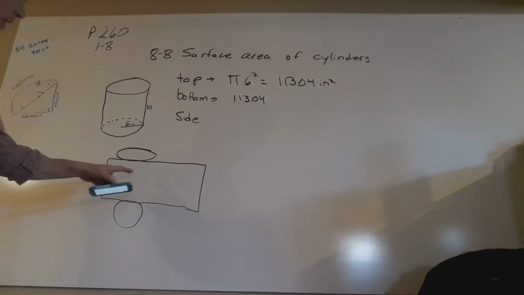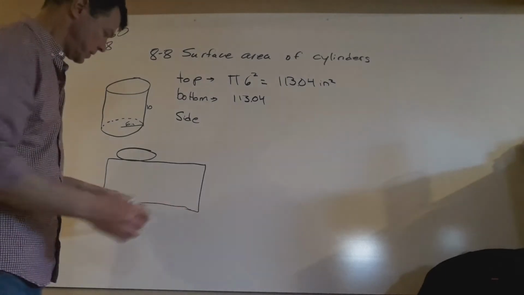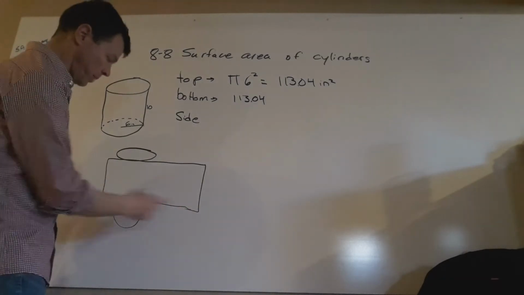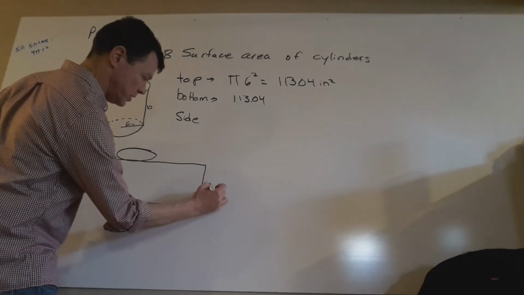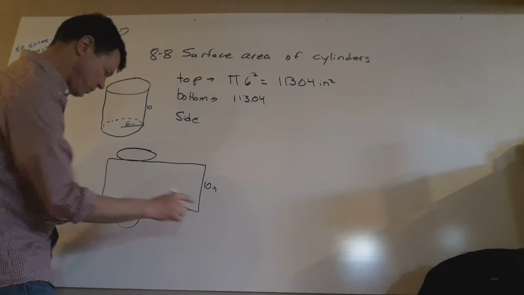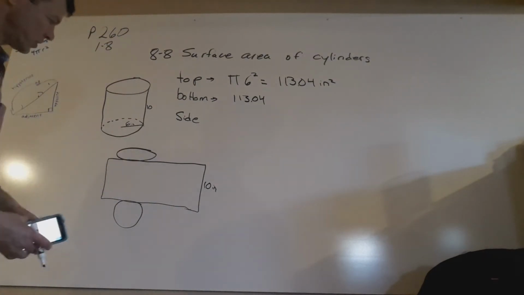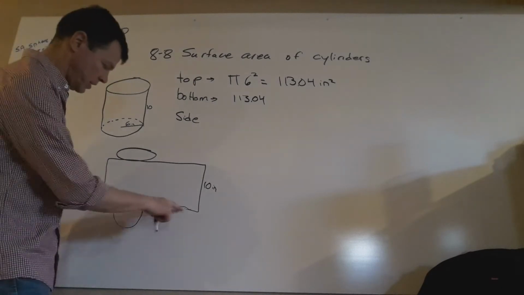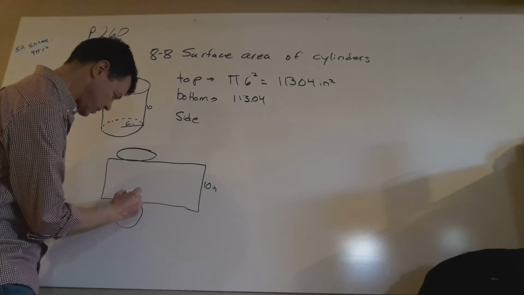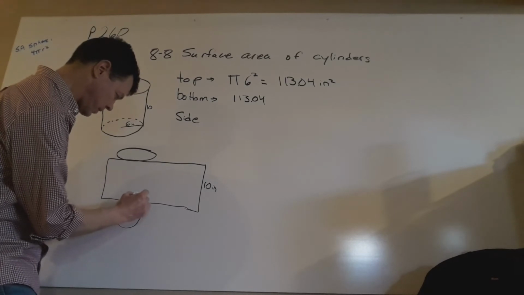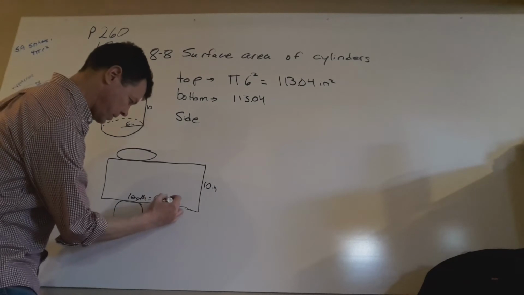The area of a rectangle is length times height, or base times height. The height we already know is 10 inches. And this dimension we need to figure out. It goes all the way around the circle, so this length is equal to the circumference. So I'm going to write down here, length equals circumference.